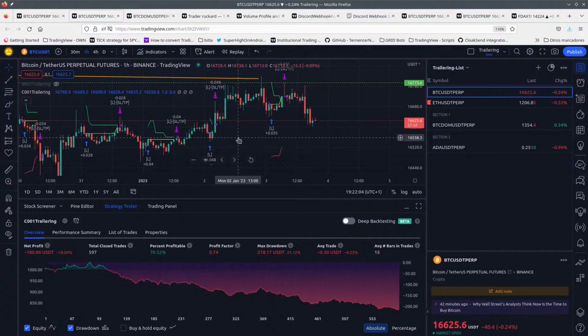So this is going into 0.20 because the first one of the candles went down.